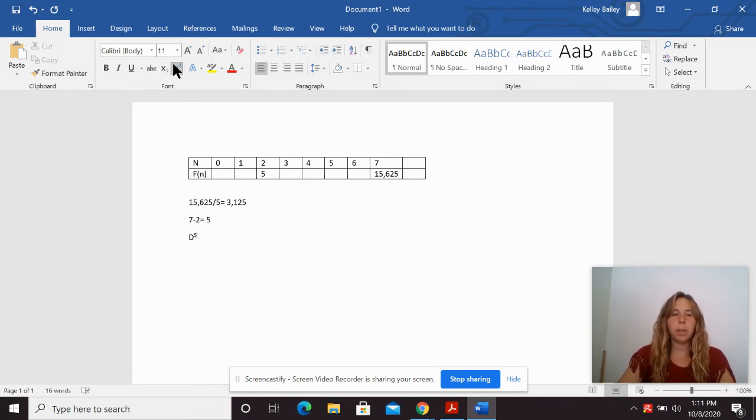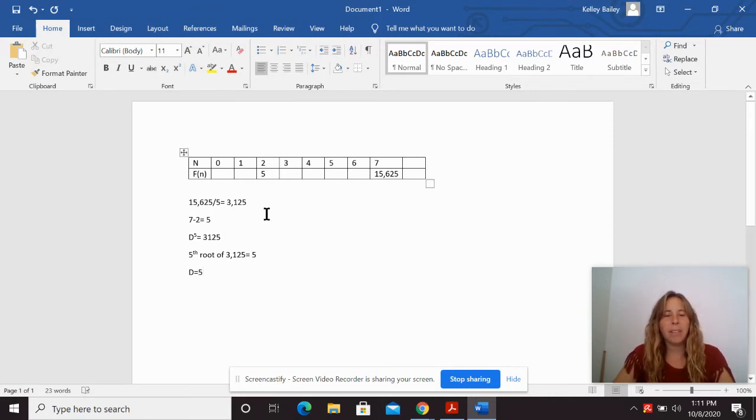So some number times itself 5 times is equal to 3,125. You can use a calculator, or type into Google 5th root of 3,125, and it will tell you that it is equal to 5. So d equals 5. That's our ratio.